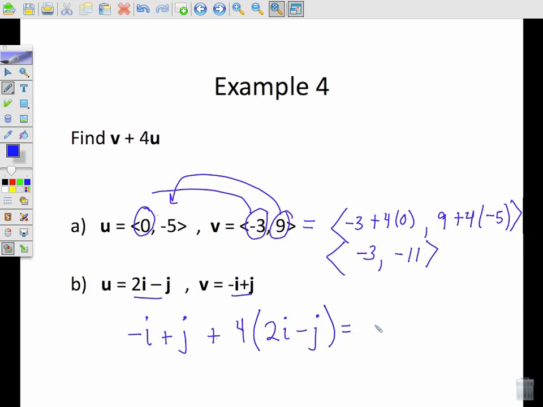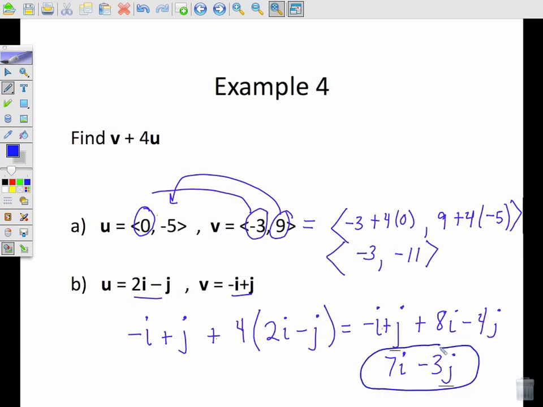I distribute, so I've got negative i plus j plus 8i minus 4j. Negative i plus 8i is 7i, and j minus 4j is minus 3j. So 7i minus 3j is the result of that vector. So you can do any kind of operations here with your vectors.